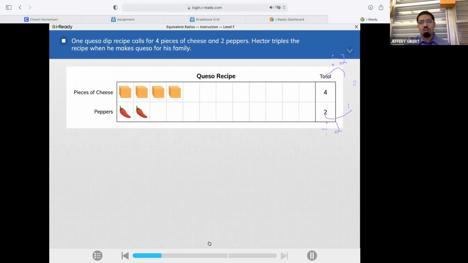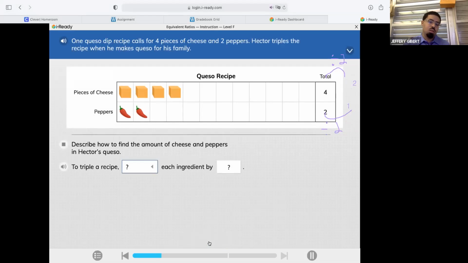One queso dip recipe calls for 4 pieces of cheese and 2 peppers. Hector triples the recipe when he makes queso for his family. Describe how to find the amount of cheese and peppers in Hector's queso. All right, Torian, when you triple something, do you multiply or divide?